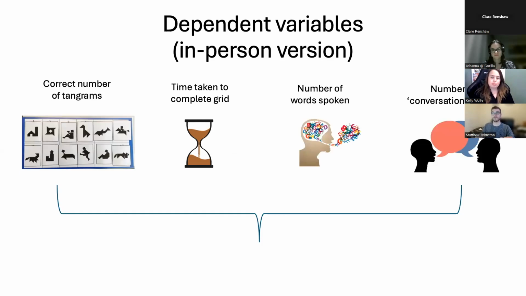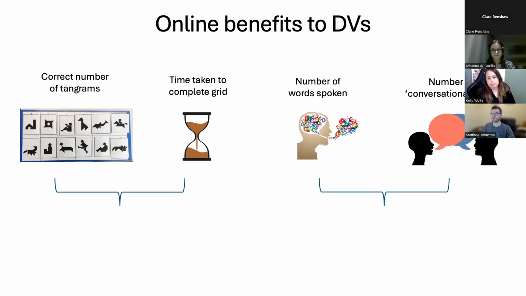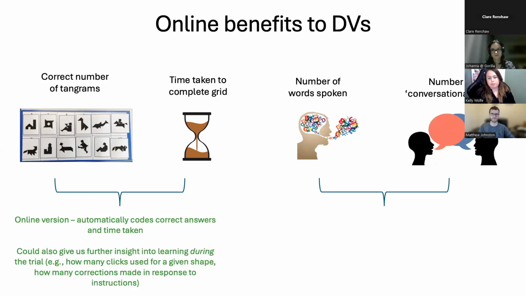So going back to our dependent variables, before we had to manually code these and it took lots of time and money. Whereas now with this online Gorilla task, it automatically codes the correct answers and time taken, and also gives us further insight into learning during the trial. We've also got videos, and these videos capture how many words are being said in a given trial.